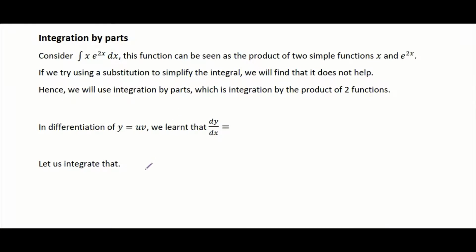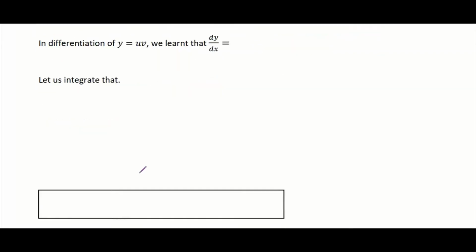So now let's try to derive it. How is that going to look? We know that for the differentiation of y equals uv, dy/dx will be equal to u dv/dx plus v du/dx. This is what the product rule states. Now let's integrate the whole equation.